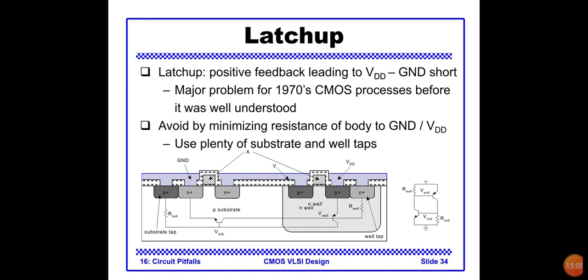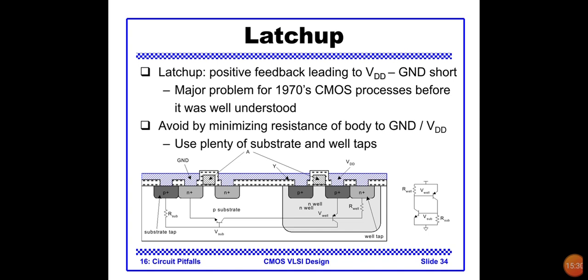Latch-up: positive feedback leading to a VDD to ground short. It was a major problem for 1970s CMOS processes before it was well understood. Avoid it by minimizing the resistance of body to ground or VDD, using substrate and well taps.